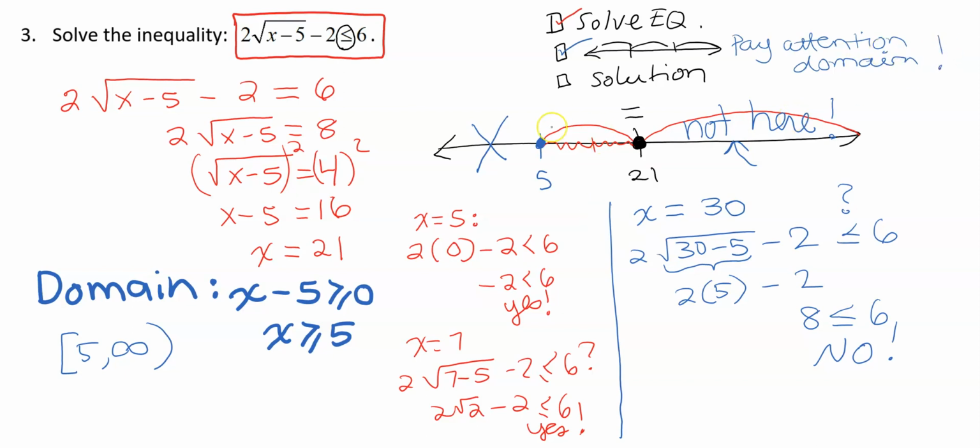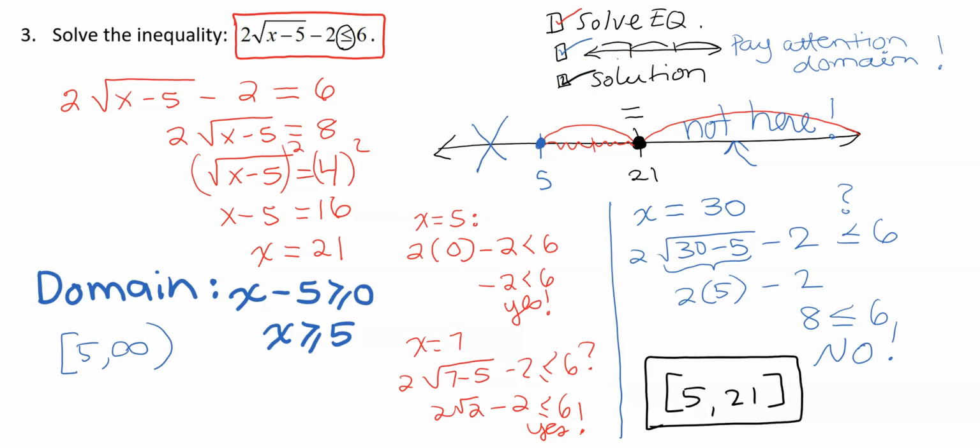So the final solution is 5 to 21, including 21, including 5. And that is our last thing that we will do. Summarize the solution. That is when our left-hand side is less than or equal to our right-hand side.